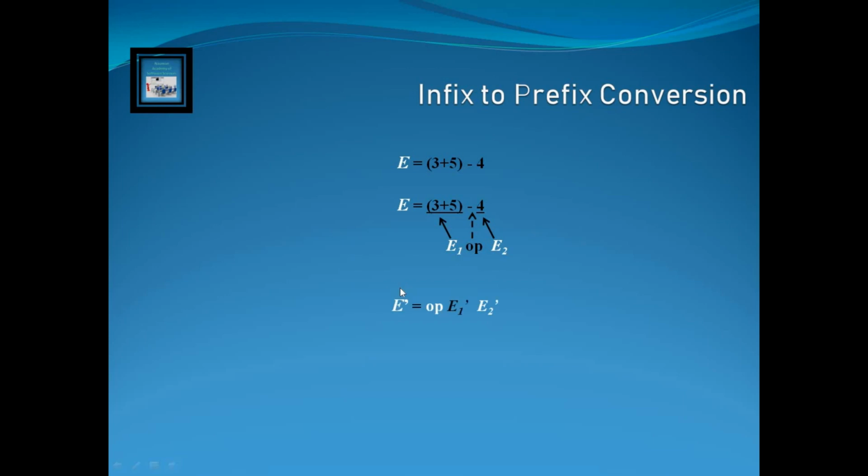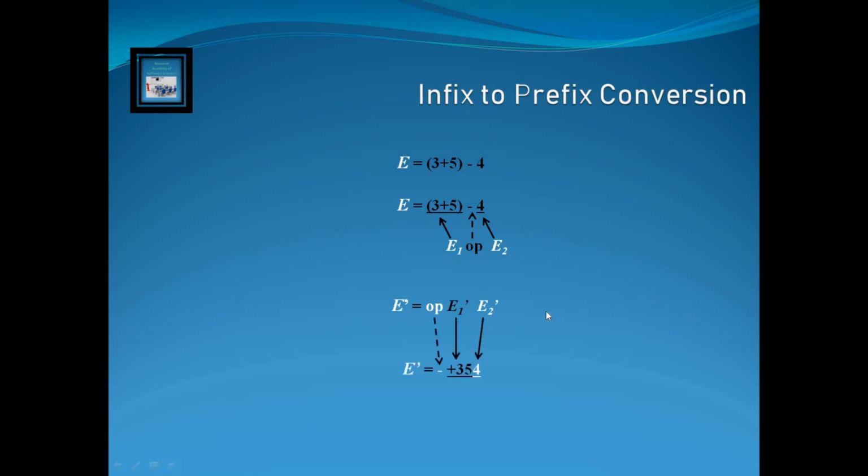Rule number 2 says that the operator will come first, and then the prefix form of the first expression. If we name the first expression e1, its prefix form is e1 prime, and then the prefix form of the second expression, e2 prime.